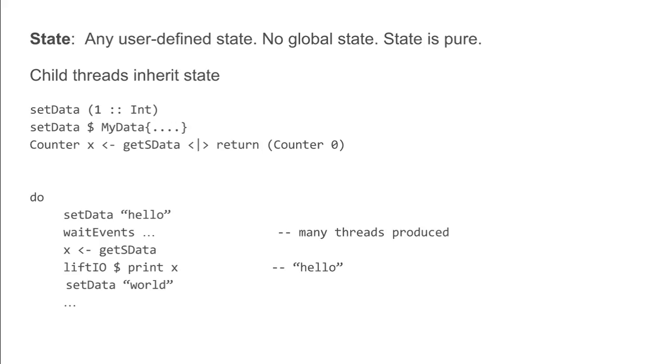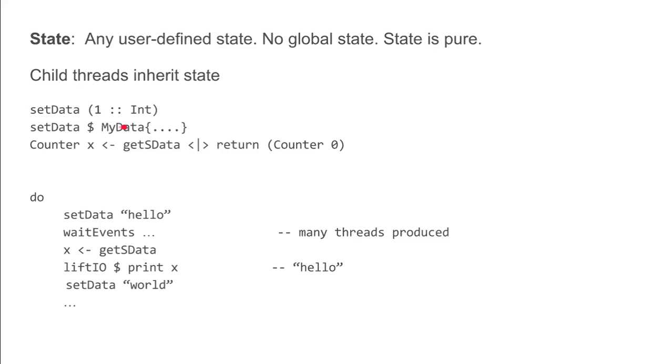State must be pure to be composable. And to be high level from the beginning, we need to store whatever user-defined data. setData or setState is the primitive for storing state in the state monad of Transient. The way to do it, sorry, is to use setData.